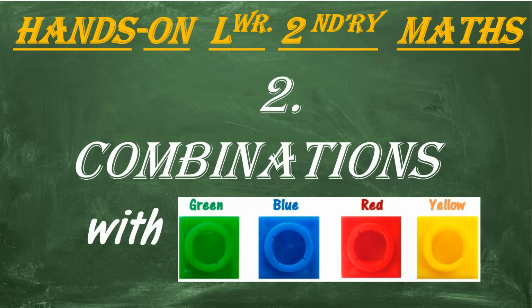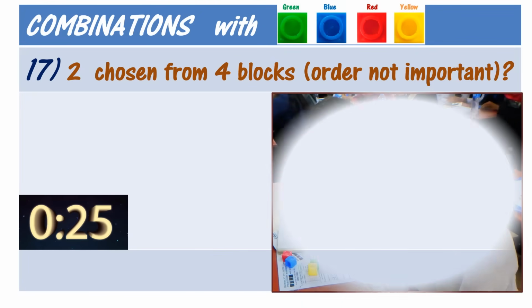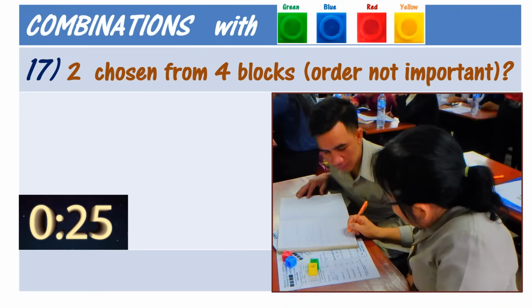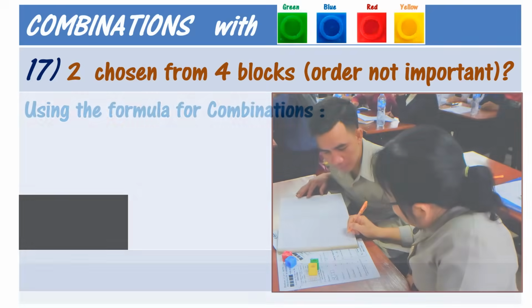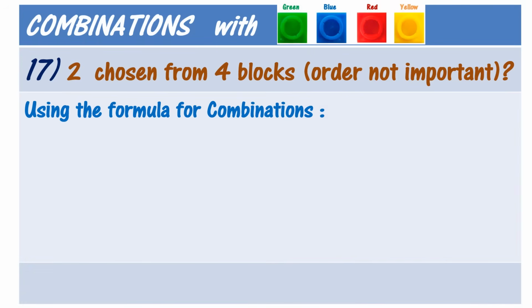Now we're moving to combinations. I want to choose 2 from 4 blocks, and order is not important. So that would be 4c2. Again, I can use the formula.